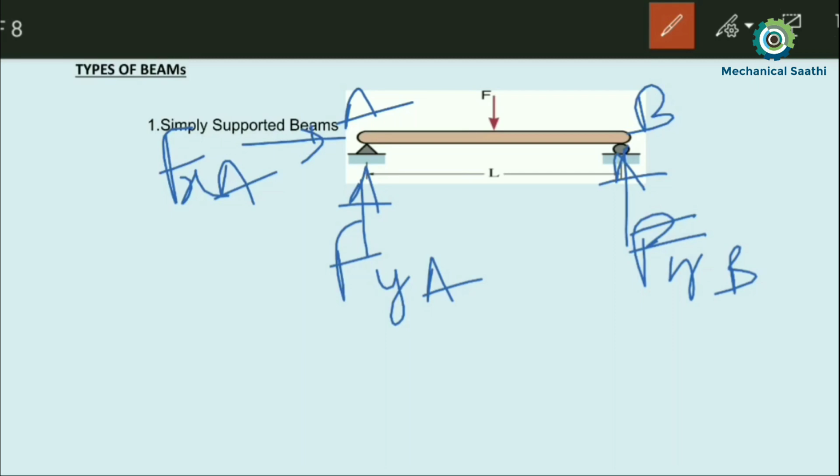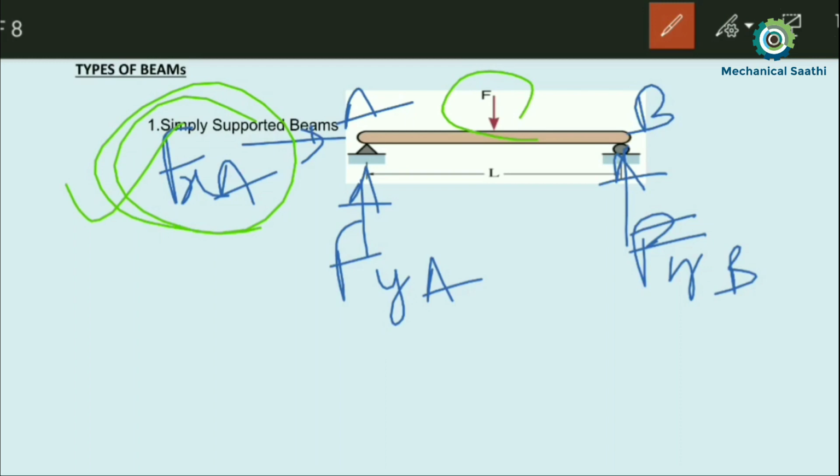But here we can see there is also a reaction along this direction. However, the only load we can apply on a beam is along the direction perpendicular to our axis. The axis will be in this direction, and whatever load we apply should be like this.